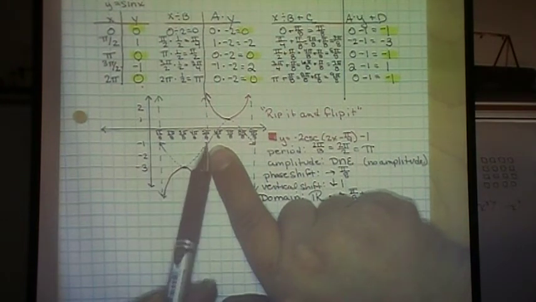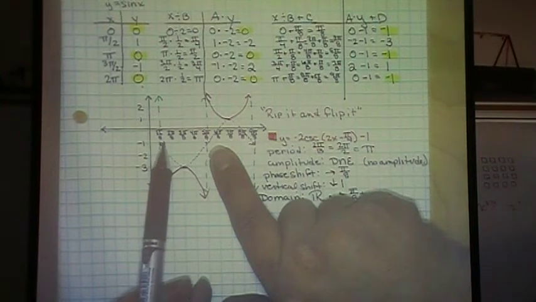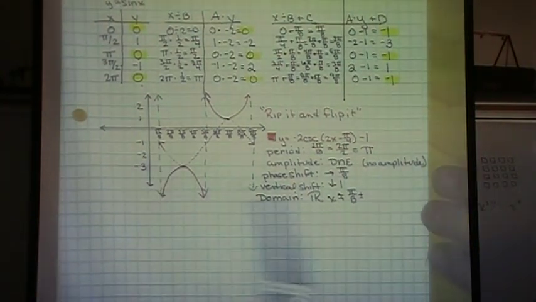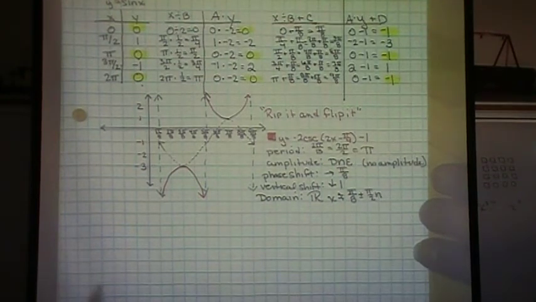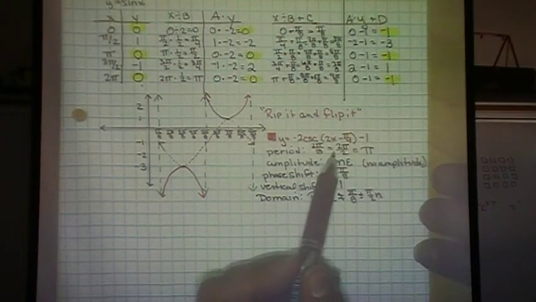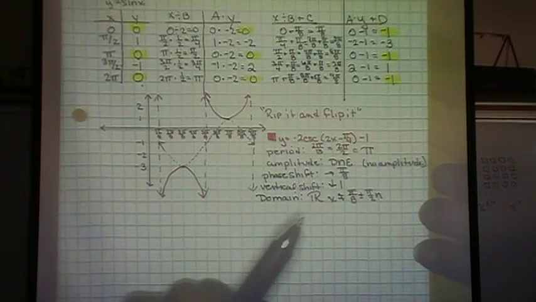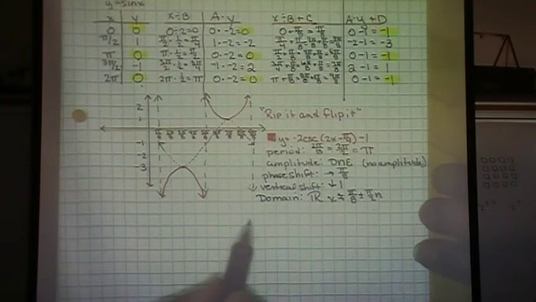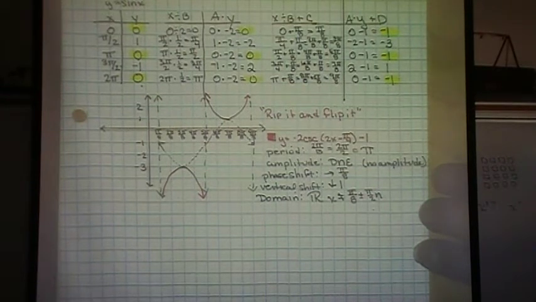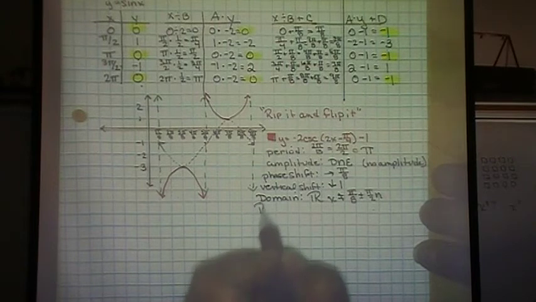Subtract them. 5 pi over 8 minus pi over 8 is 4 pi over 8, and that reduces to be pi over 2, n. So half the length of the period. That's another way of saying it. So if you divide your period by 2, that's what you're going to have here. So it's a little different than tangent in the fact that tangent, it was the same as the period. Here it's half.